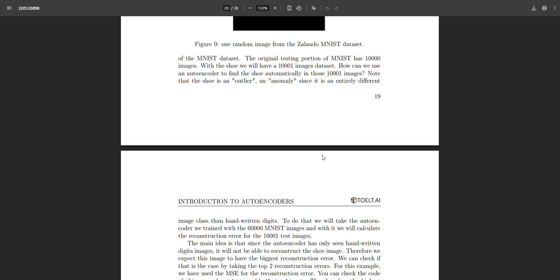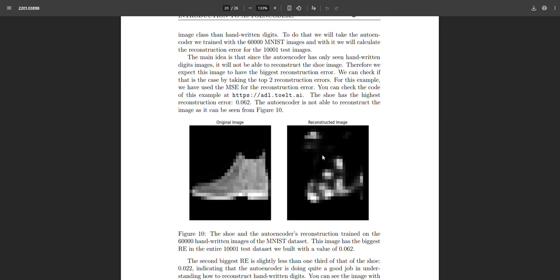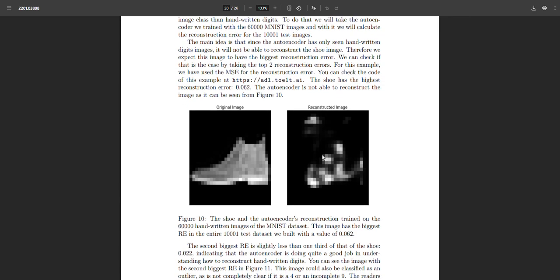When we calculate the reconstruction error for all 10,001 images, the shoe has the highest reconstruction error in the entire dataset, with a value of 0.062. As you can see in figure 10, the autoencoder is completely unable to reconstruct the image. The reconstructed output is just a blurred, noisy shape.